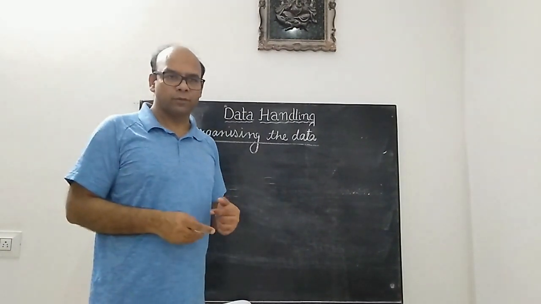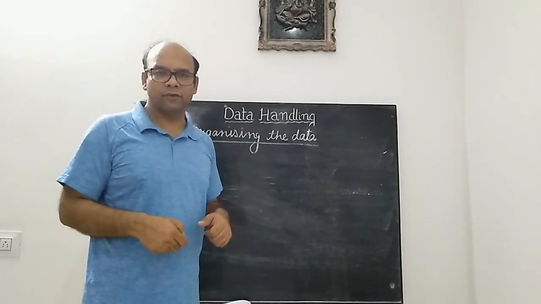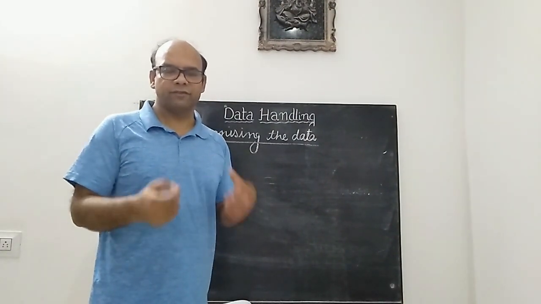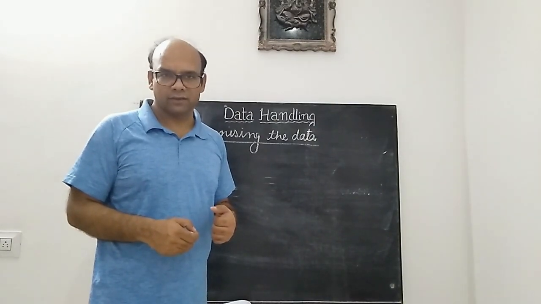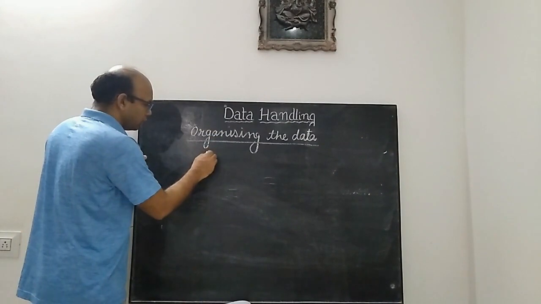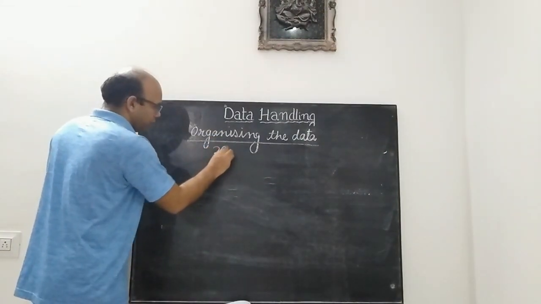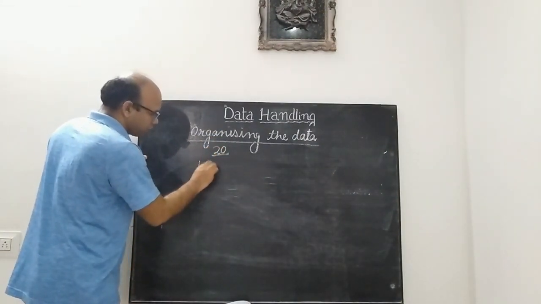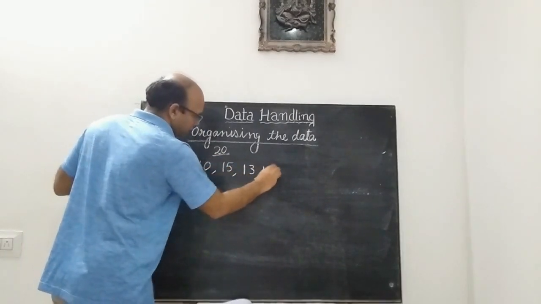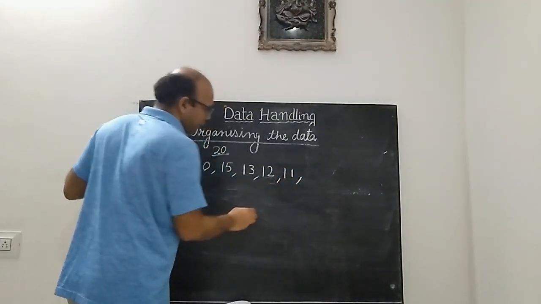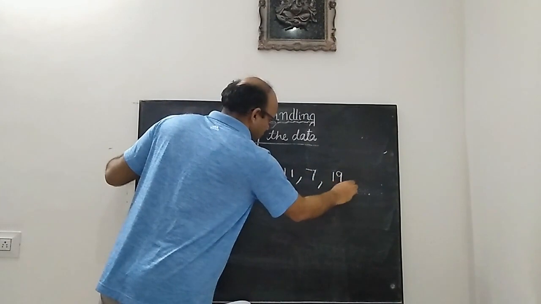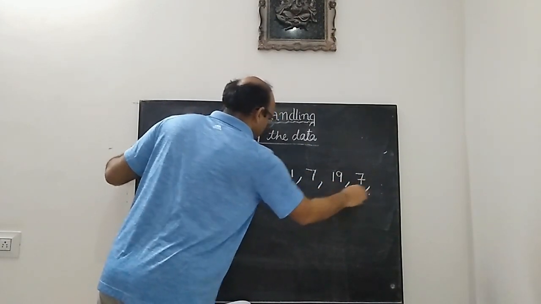Suppose we want to collect the information regarding the marks of, say, 15 students of your class. Suppose the marks are out of 20, and the students got 10, 15, 13, 12, 11, 7, 19, 7, and so on.